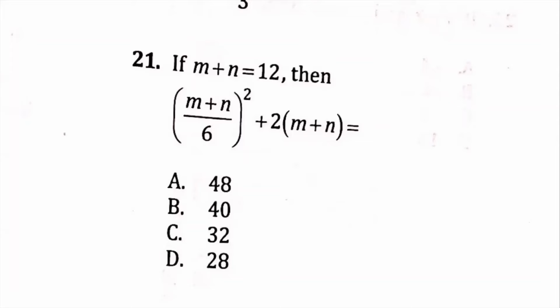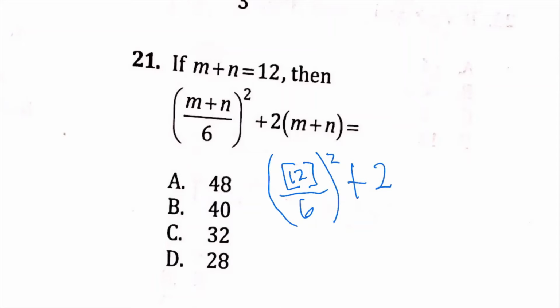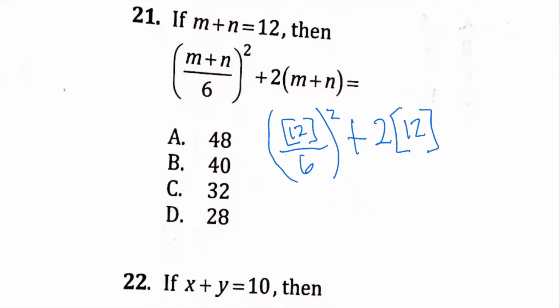Now let's write it down. So I'm going to use brackets. So 12, right, over 6. The parentheses and squared plus 2 times, right, I'm using brackets, 12. So brackets is just the same as parentheses. It's just a little way to differentiate.